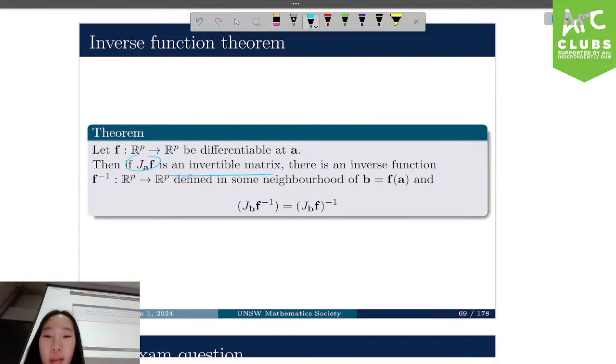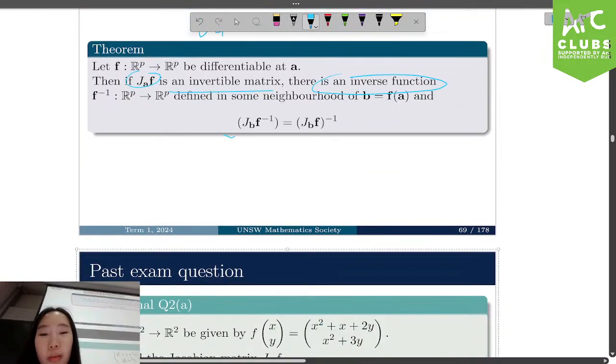That means our determinant cannot be 0. If the determinant is not 0, then we can apply the inverse function theorem, which means it has an inverse function. And our Jacobian matrix would just be like that.